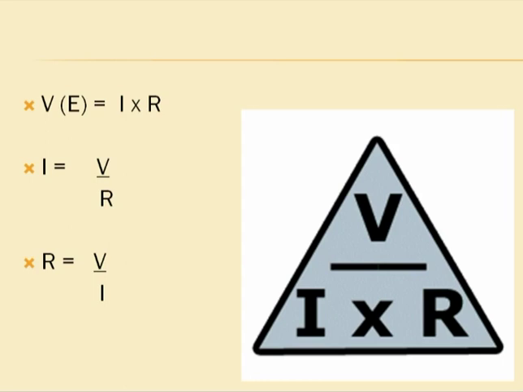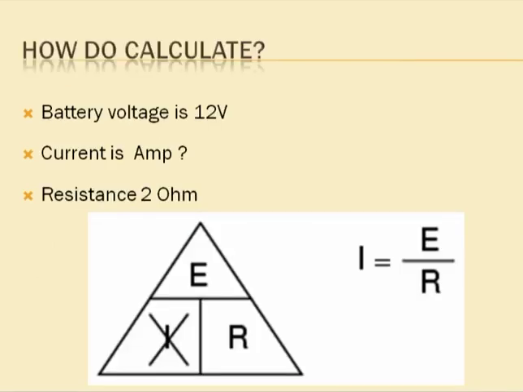Here, suppose the battery voltage given is equal to 12 volt and the resistance of the circuit is 2 ohm, then what will be the current that will flow through the circuit? This is a problem. Now the battery voltage, that is E, is given, so E is equal to 12 volt. Resistance, that is R, is given, R is equal to 2 ohm, and current is to be found.